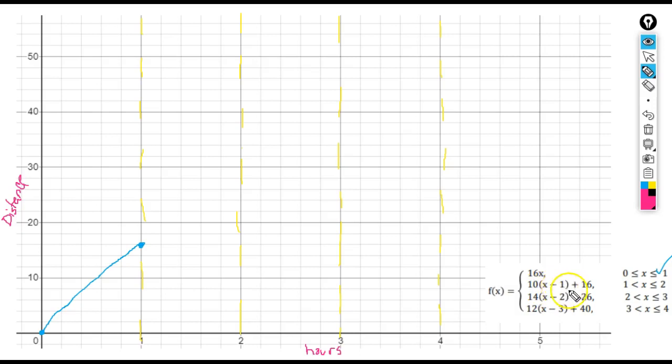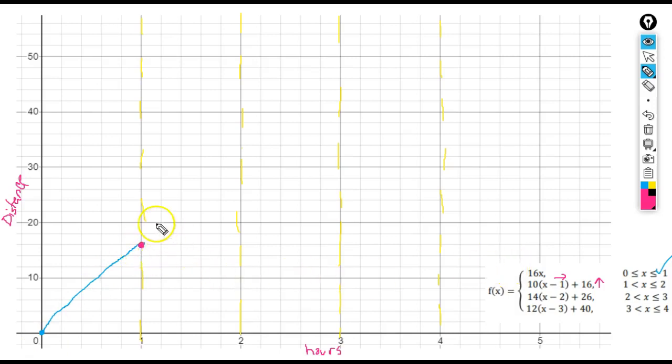This one does not start at 0, 0. Remember, point slope form. This one has shifted to the right 1 and up 16. So instead of being at 0, 0, I go right 1 and up 16. Notice that this one starts where the other one ended. That means it's continuous. There's no gap. That's always really nice.